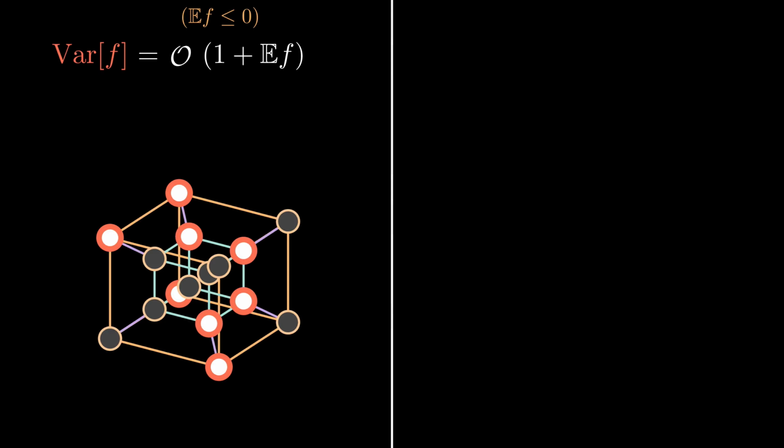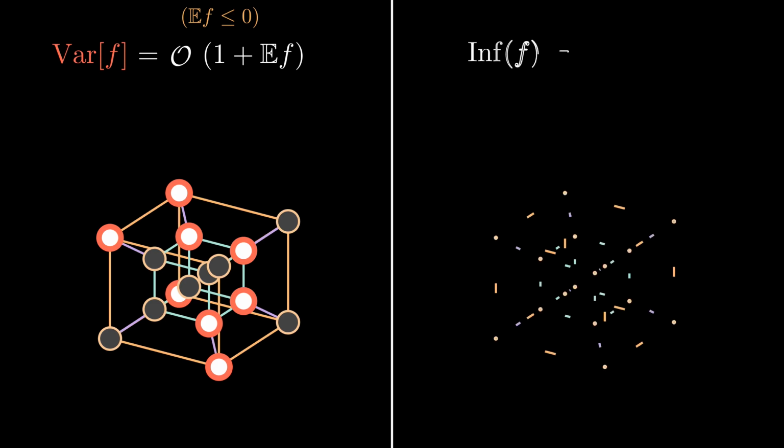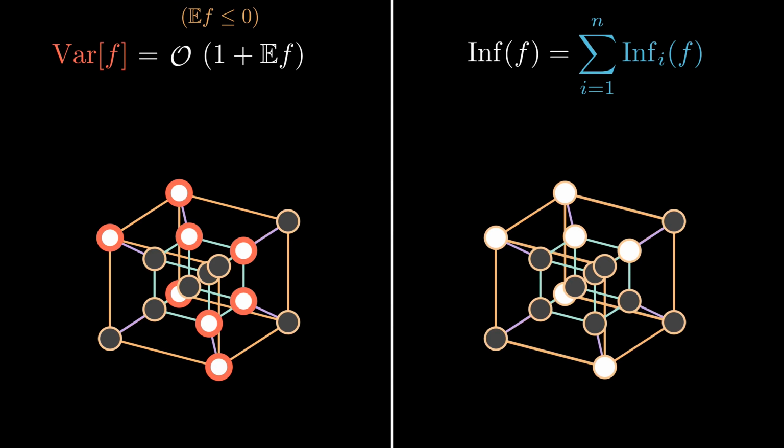The variance of f can then be seen as a measure of the volume of the set represented by f. The influence, on the other hand, measures the surface area of f. The ith influence counts the number of edges in direction i which connect black and white vertices, and the sum of all influences, also called the total influence, is a measure of the size of the edge boundary of f.